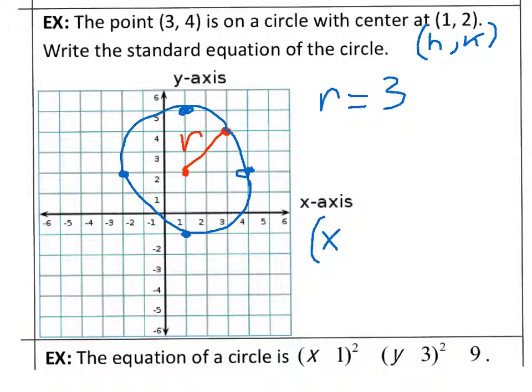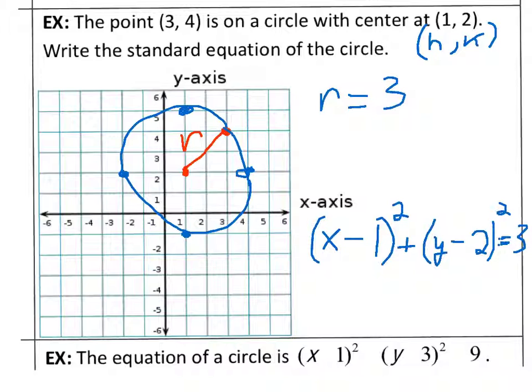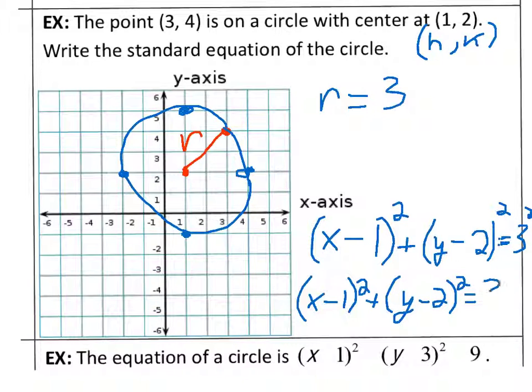So x minus 1 squared plus y minus 2 squared equals, I'm running out of space, equals 3 squared. And I can rewrite that again here: x minus 1 squared plus y minus 2 squared equals 3 squared.